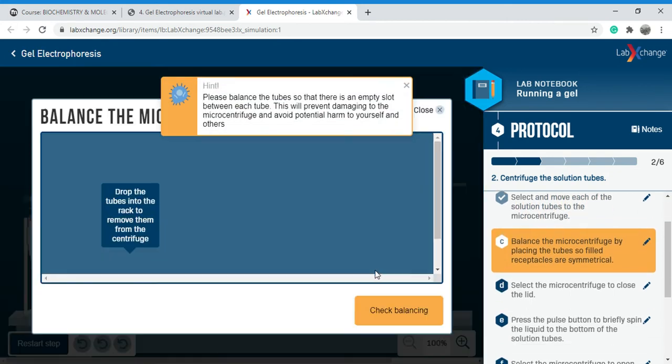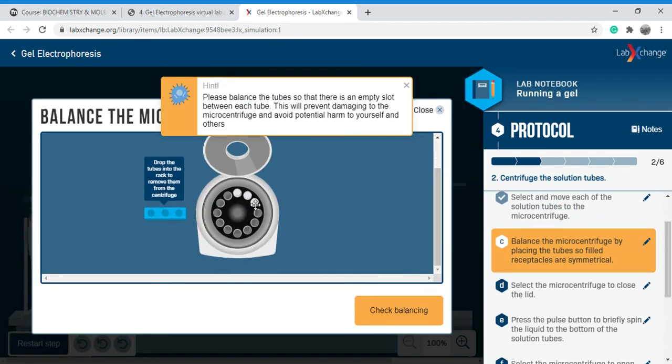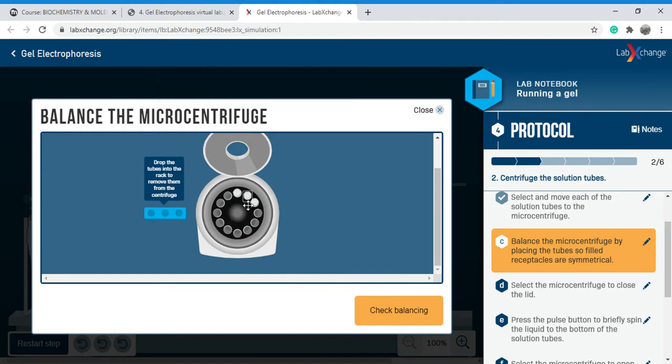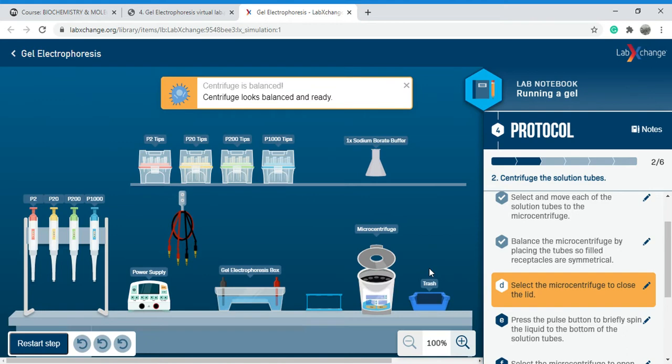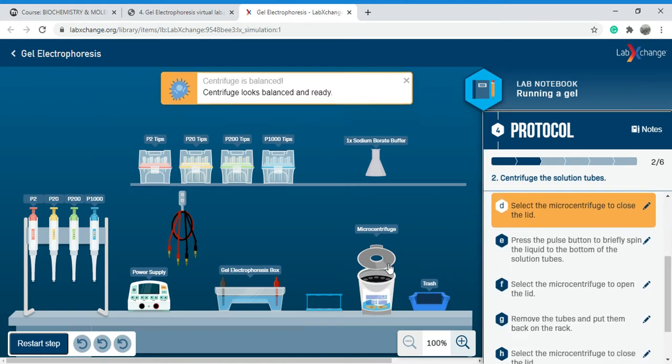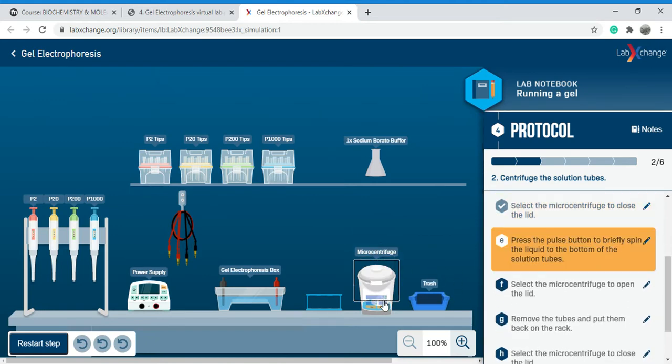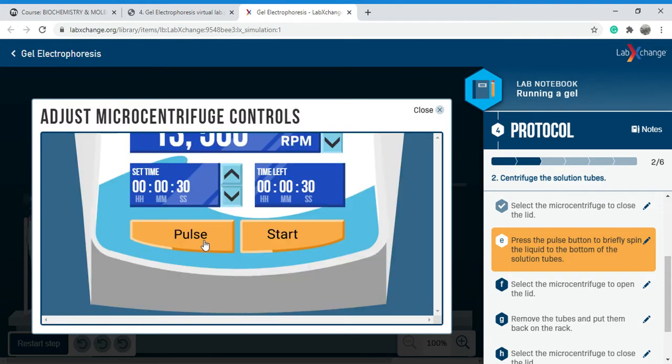Now we balance this. Check balancing. Okay, it looks good. So now we close the lid. Press the pause button to briefly spin it.